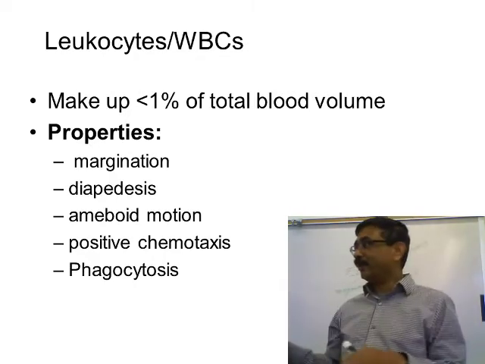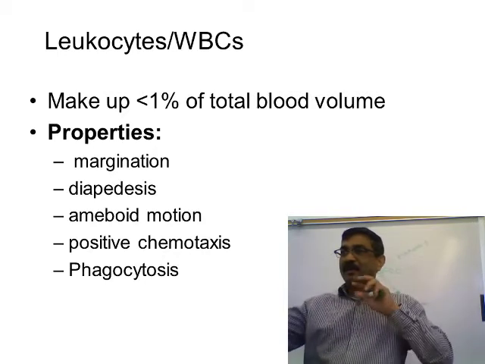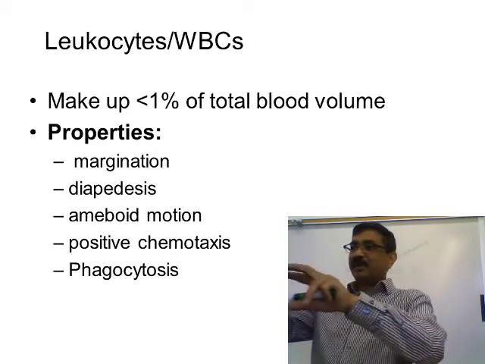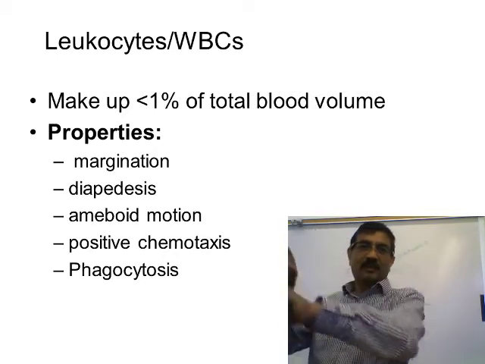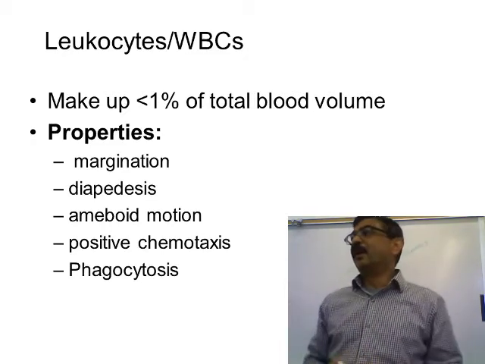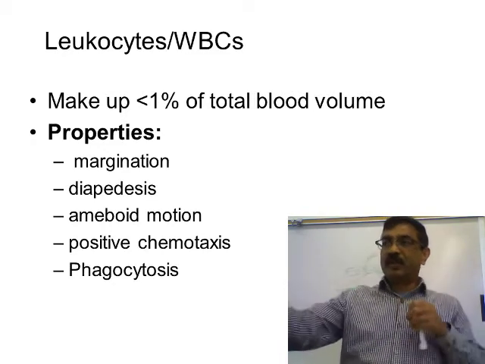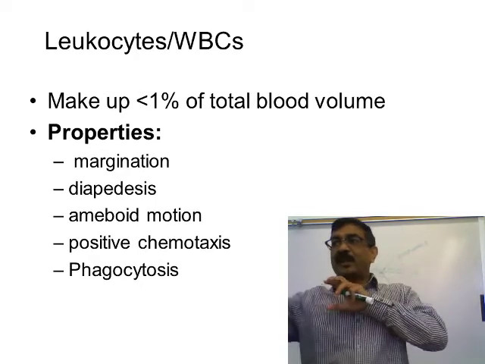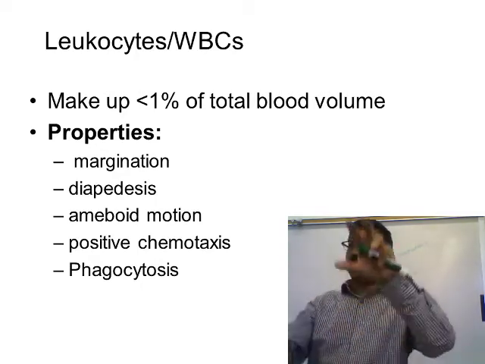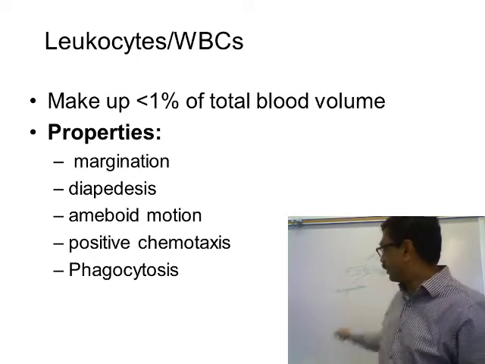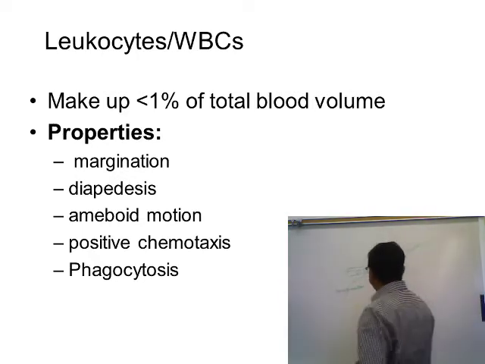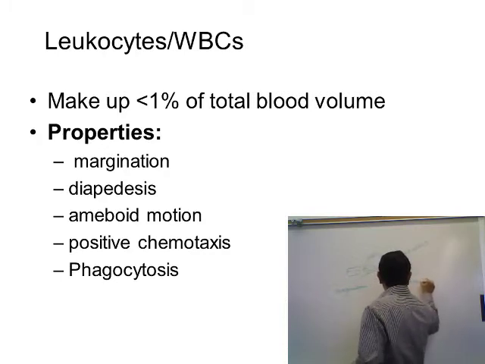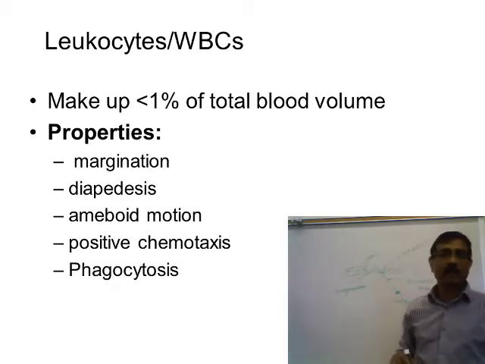You know amoeba? Amoeba produce steps like this. And white blood cells will do that. The cell membrane will be extended and will produce steps like this and will move towards the site of inflammation. And that motion or movement is called amoeboid motion. Movement like amoeba.